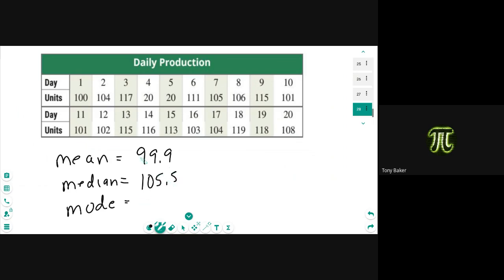And mode, we've got so 20. All right, that looks right to me. I don't know. I didn't calculate it out. What were the middle two numbers? Because there's 20 of them. 105 and 106.